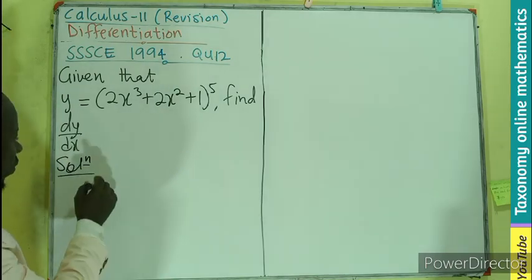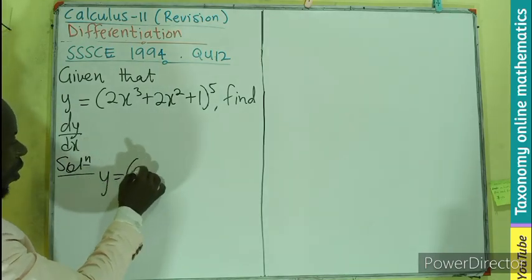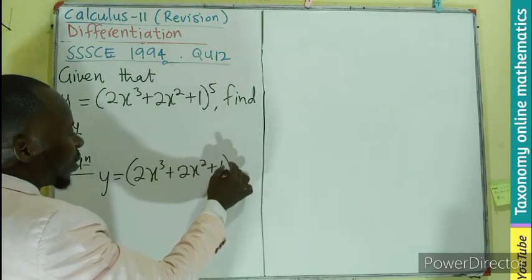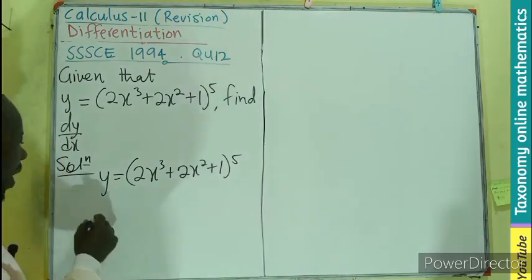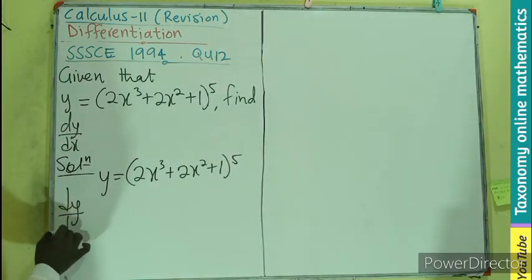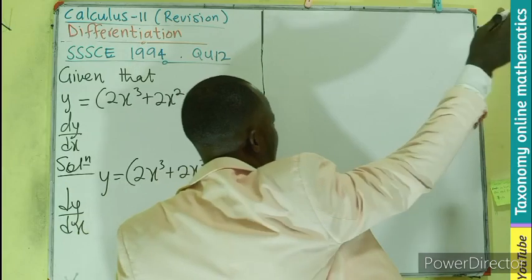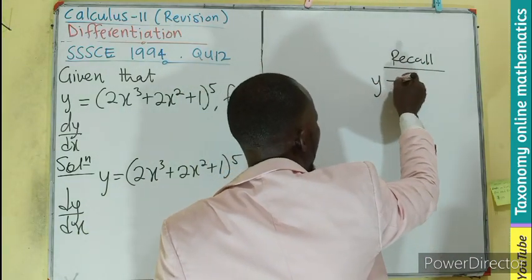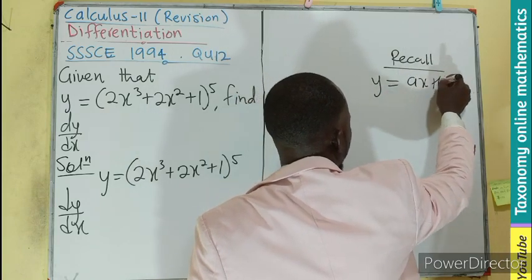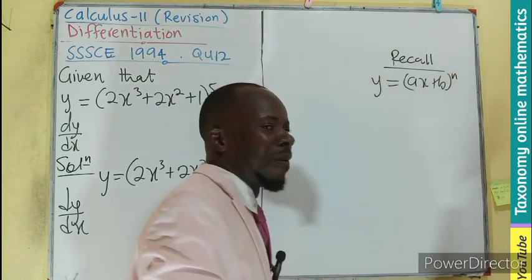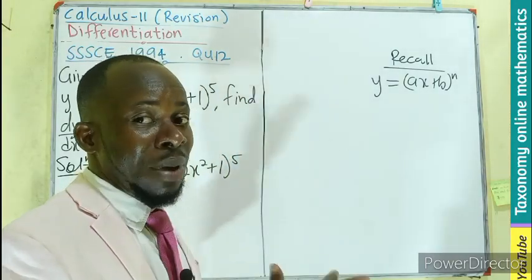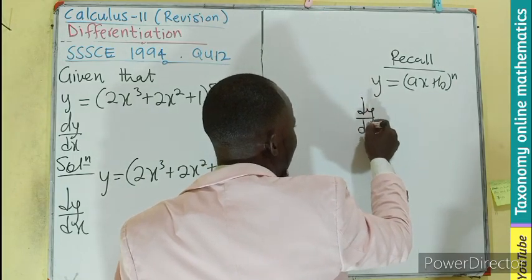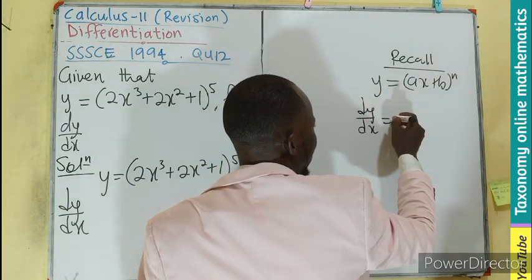So in this case we have y equals (2x³ + 2x² + 1) to the power 5. Our dy/dx, if we recall, for y equals a function of x raised to the power n, where the terms in the bracket are made up of x and other constants, is n coming forward.